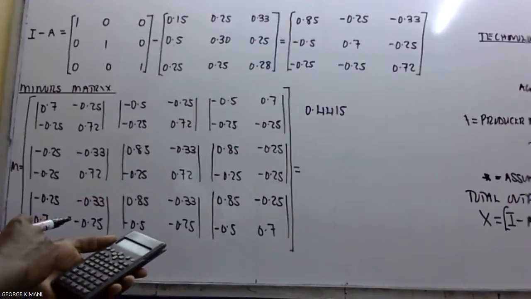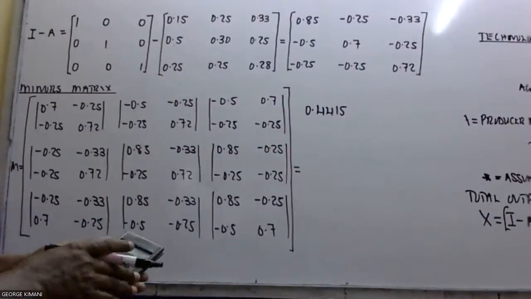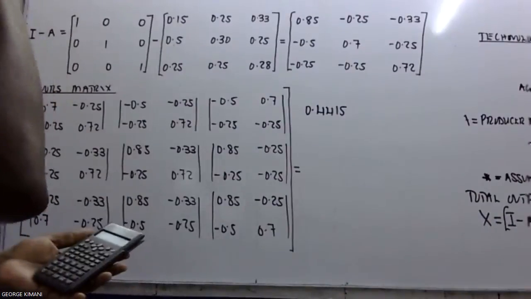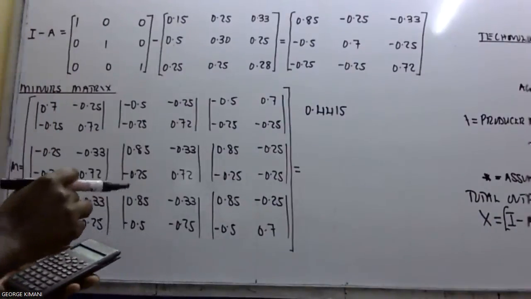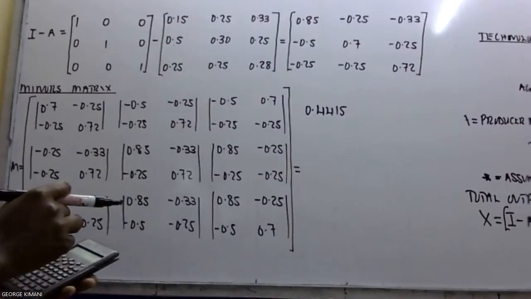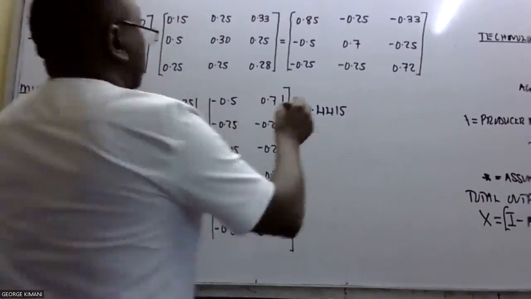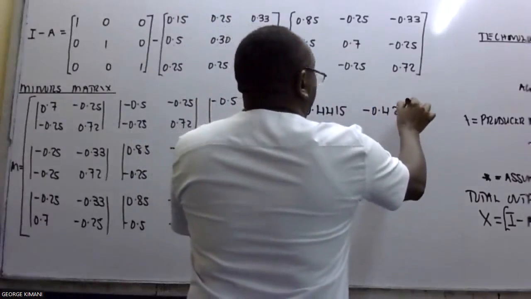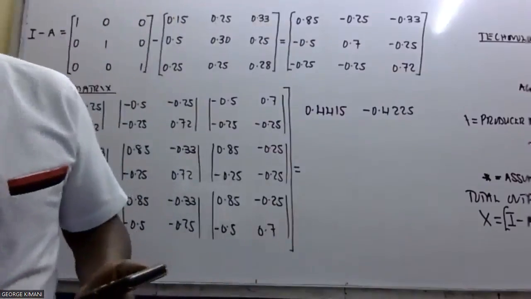Oh yeah, so I have to always put the minus, eh? Yes. 0.4225. Yes, good. So minus 0.4225. Okay.